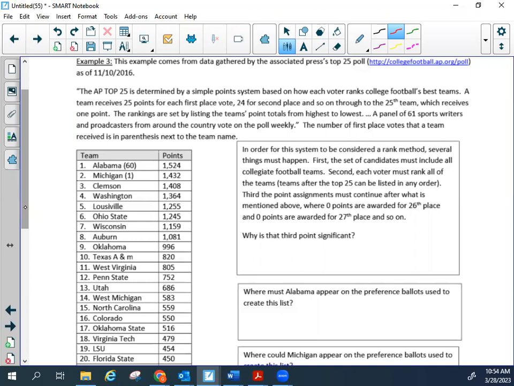So that's what this paragraph up here is saying. A team receives 25 points for a first place vote, 24 for a second place vote, and so forth. And again, there are 61 writers. So we take all the ballots, add up all the points, and then the newspapers release the top 25 based on total numbers.